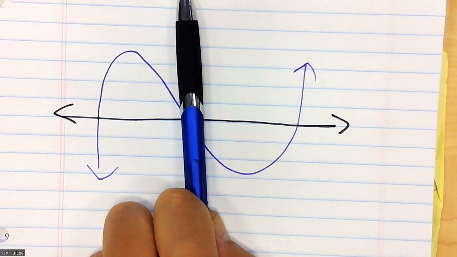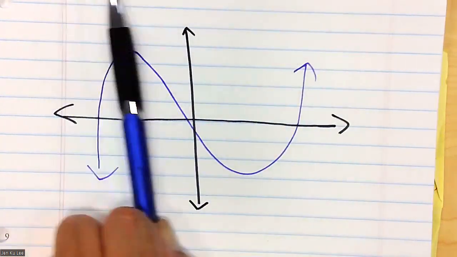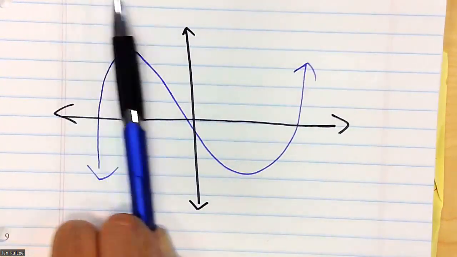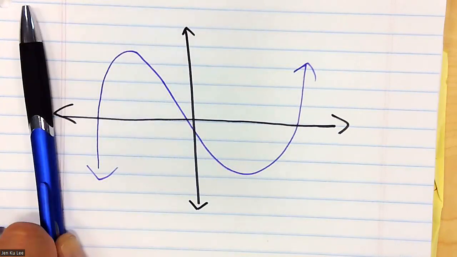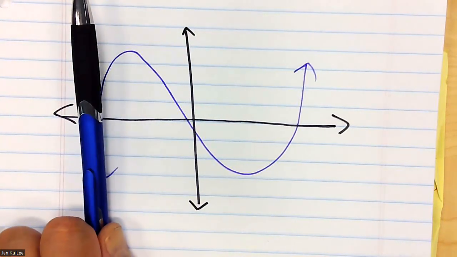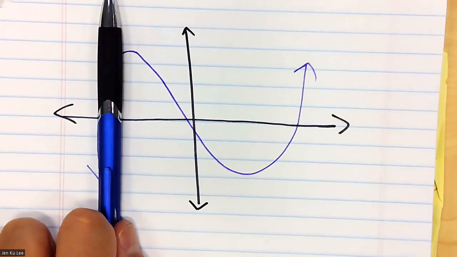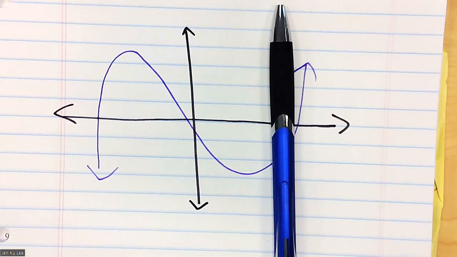X equals 0, right? 1, 2, 3, 4, 5, 6, 7, 8, 9, 10. I'm just changing my x values as I move from left to right with my pen. And I'm checking that at every x value, there's exactly one y value.